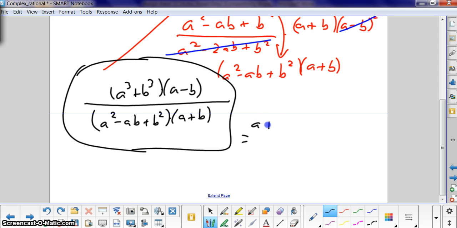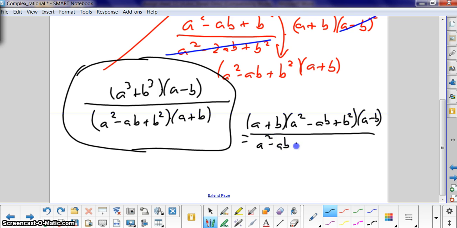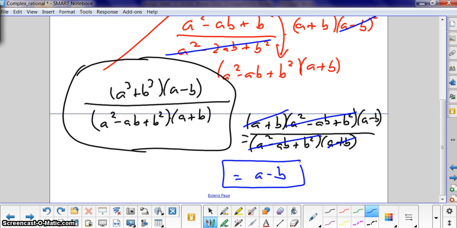So a cubed plus b cubed is a plus b times a squared minus ab plus b squared, and then I still have that a minus b from before, over a squared minus ab plus b squared times a plus b. Now look, a plus b, a squared minus ab plus b squared all cancel. My final answer out of all of that simplifies down to a minus b.